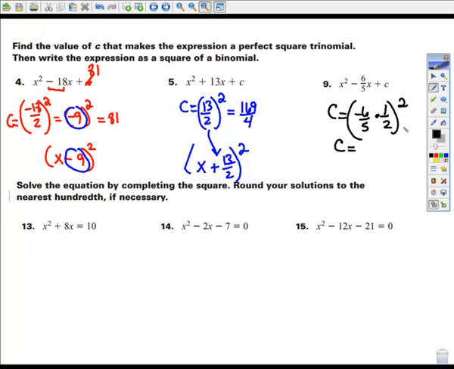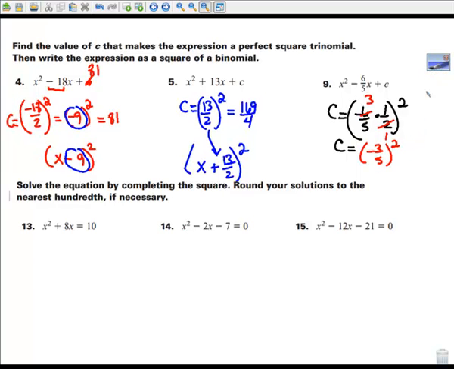So c is going to end up equaling, if I take this, I have a 1 and a 3, so negative 3/5 squared, or 9/25. There's the c value. That's what I would put right here. And then my square of the binomial would be x minus 3/5 squared.